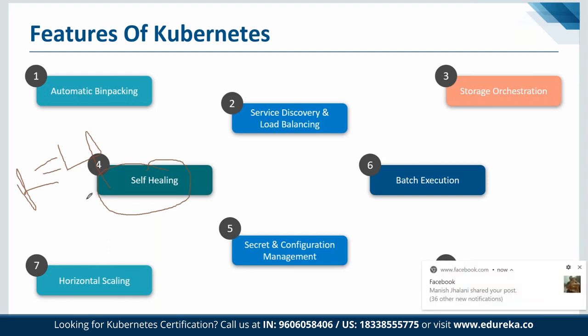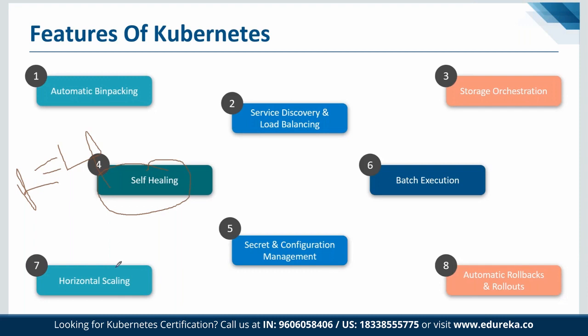Second, horizontal scaling. Let's say you set a threshold that if the CPU utilization of the application goes beyond 70%, you should spin up one more container. That is called HPA, horizontal pod autoscaling.